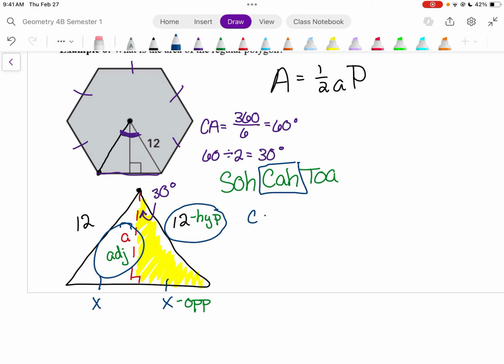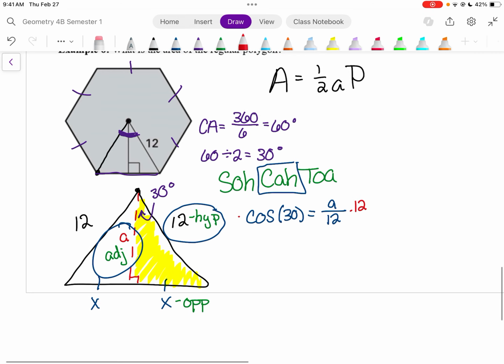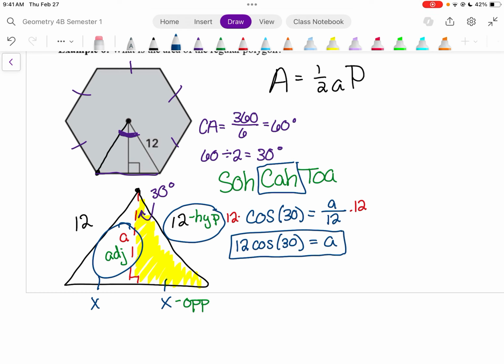So to find the apothem, we use cosine: cosine of 30 equals A over 12. To get A by itself, I multiply both sides by 12. You're not going to type it into your calculator yet, because this is not our final answer. We're just going to leave it that the apothem is 12 cosine of 30.